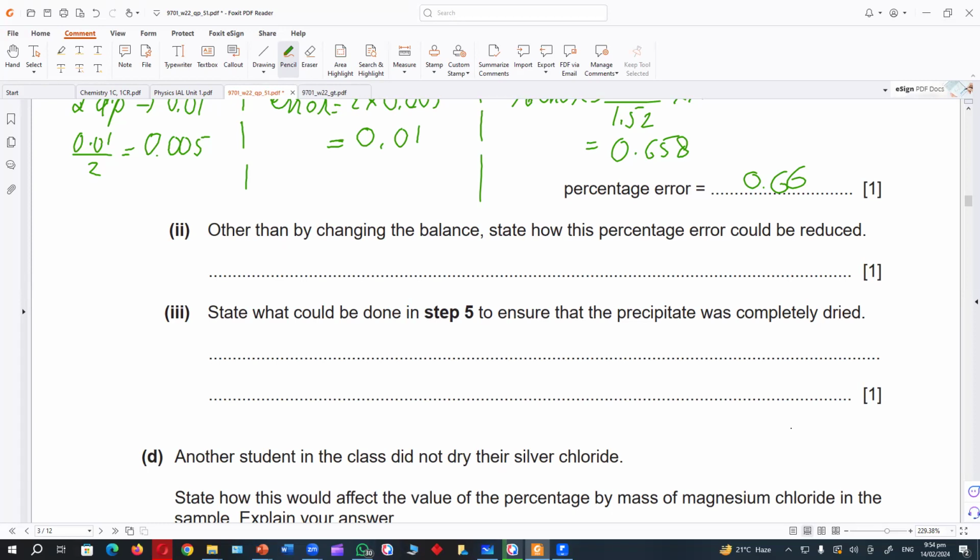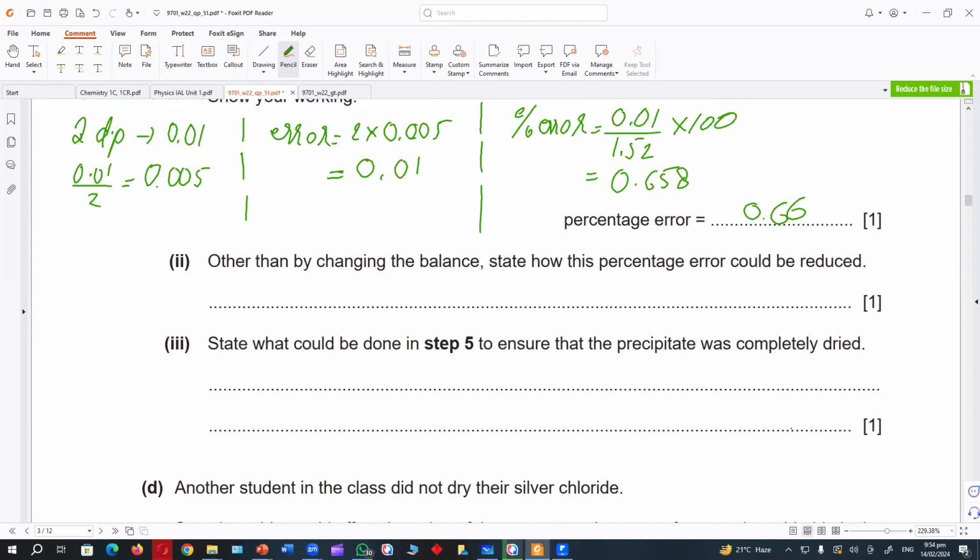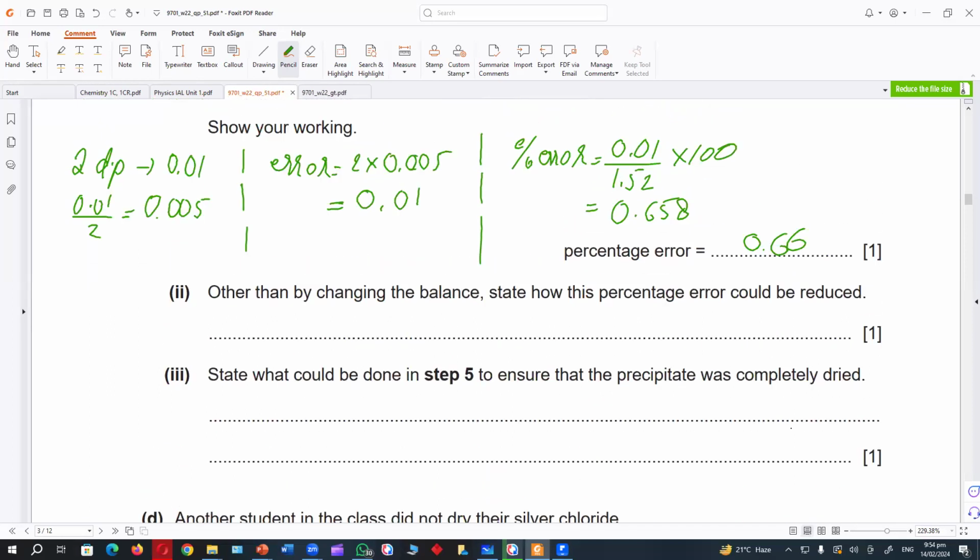When you are talking about the error in the instrument, like 0.005, it doesn't matter whether you measure 500, 200, or 300. Here you are measuring 1.52. If you measure 100 grams, the error will remain the same, but in percentage, error will reduce.